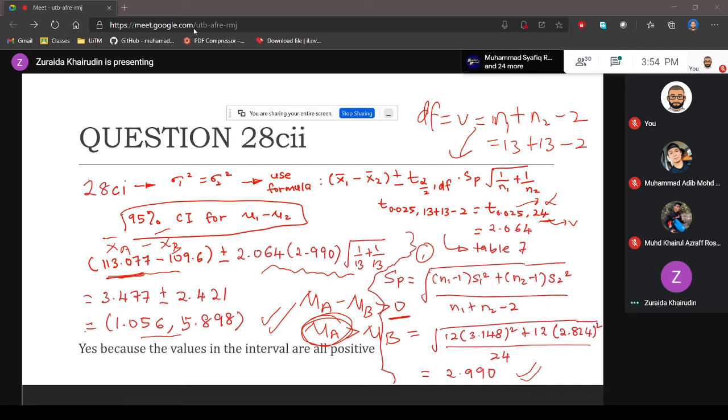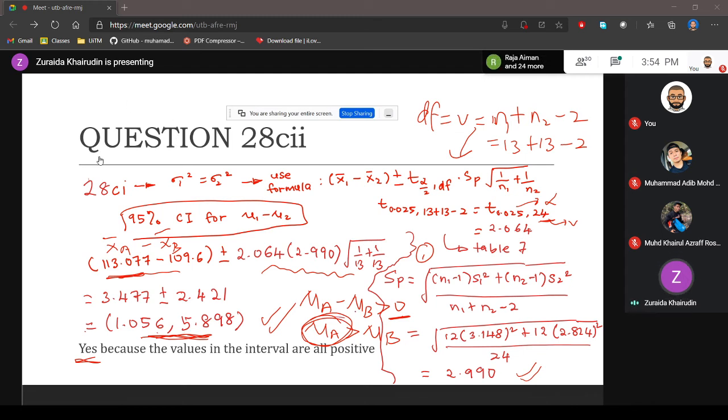You see here, the value is greater than 0. That means the value is positive, so mean A is greater than mean B. That is why the answer here I put yes. Why yes? Because the value here is positive. Why positive?